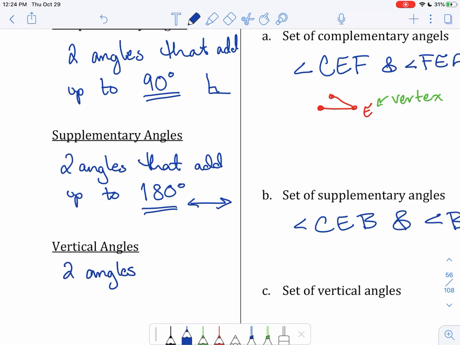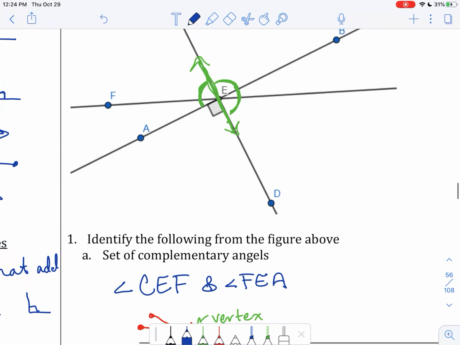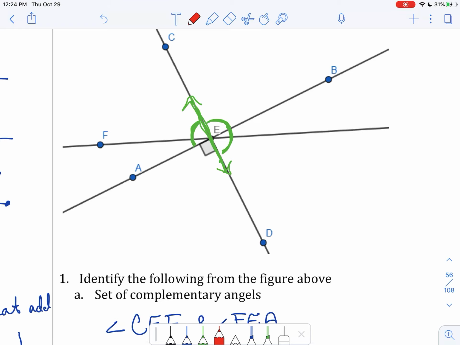These are two angles that share a vertex. If you look at the picture that we did for 1A, the vertex is the turning point of the angle. So if I look at this picture here, every angle has a vertical angle in this picture.